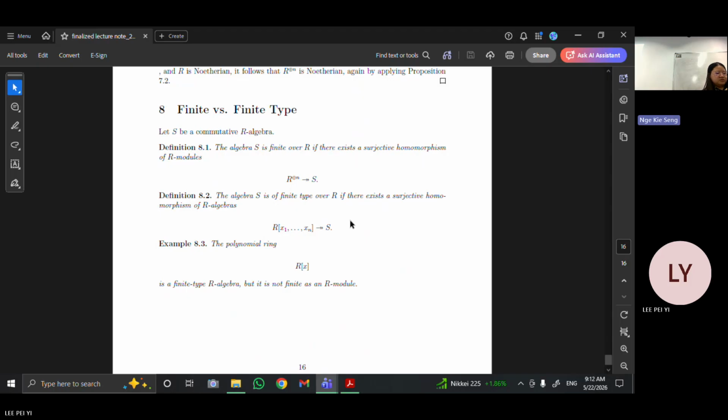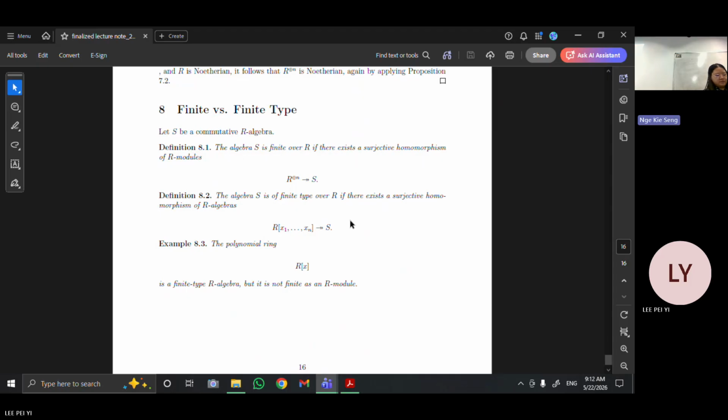So the next example, the polynomial ring R[x] is finite type over R, but not finite as an R module, because the ring R[x] is generated as an algebra by one element x.